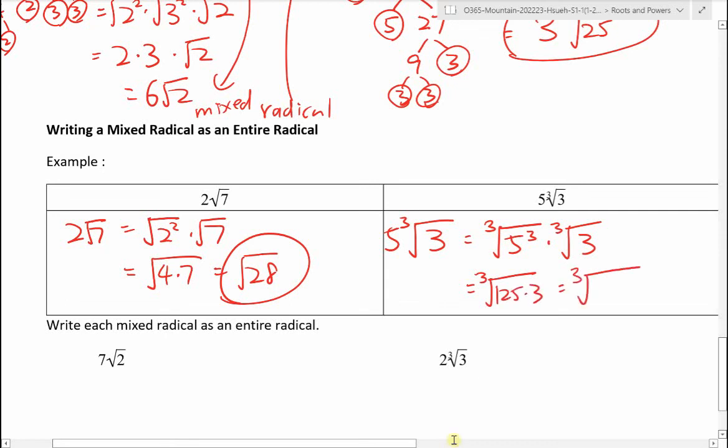So this is going to be the cube root of 375. Okay, so you can simply turn that whole number into a cube root by doing this procedure. So the square root of 2, you can turn that into the square root of 2 squared. 5, you can turn that into a cube root of 5 cubed, because this is a cube root, right? That's where you're going to turn it into a cube or a cube root.